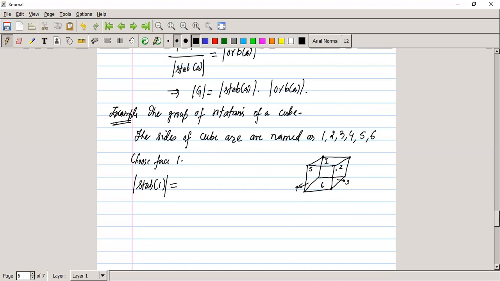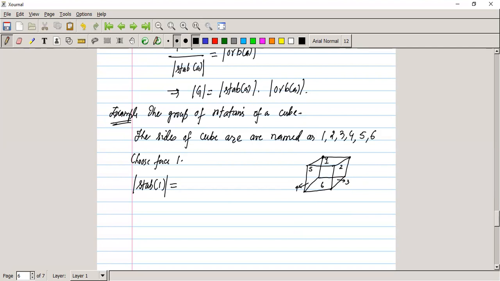So we will rotate this cube horizontally along the axis which is perpendicular to the faces 1 and 6 and passing through the center of the faces 1 and 6. Then there will be 4 90-degree rotations which will keep the faces 1 and 6 fixed, but here we just need those rotations which will keep the face 1 fixed.